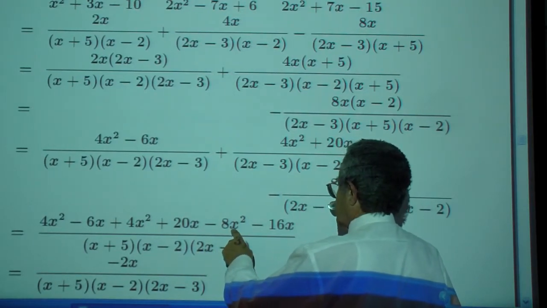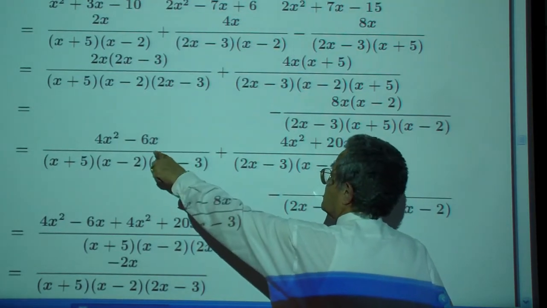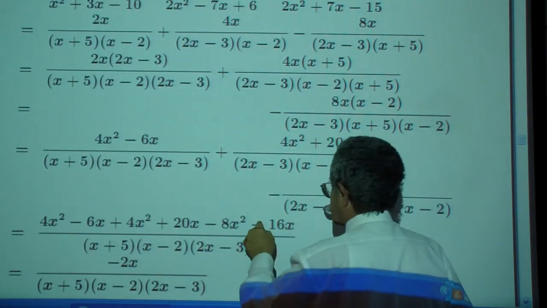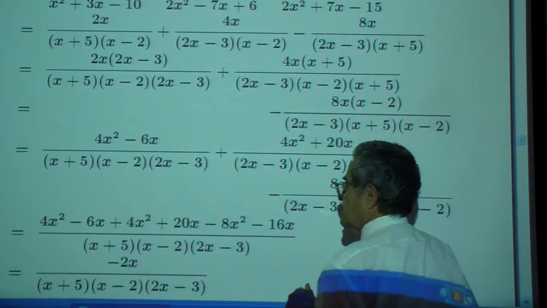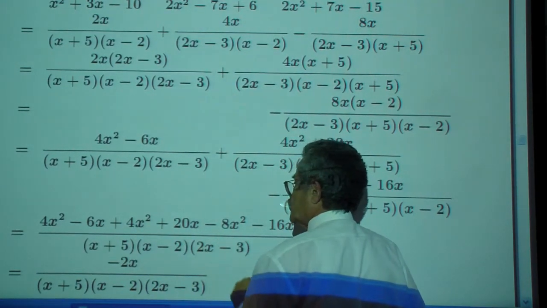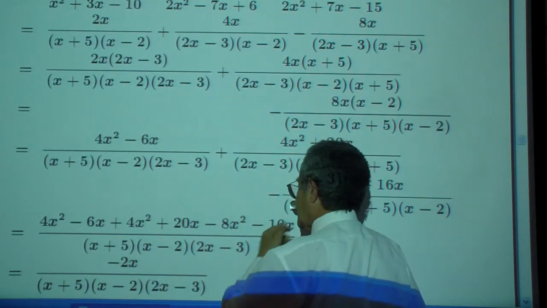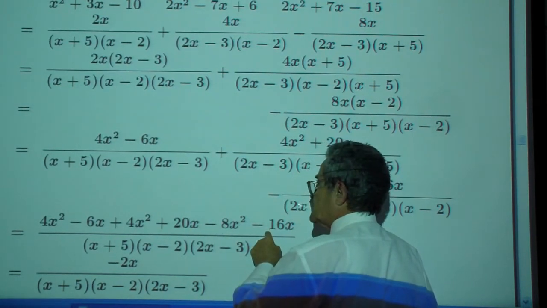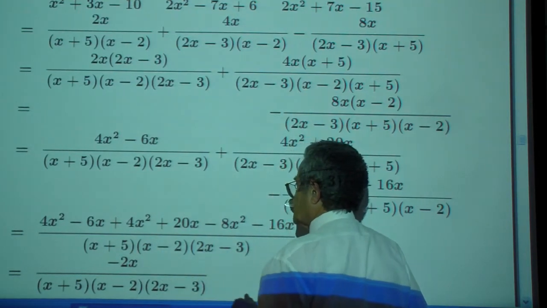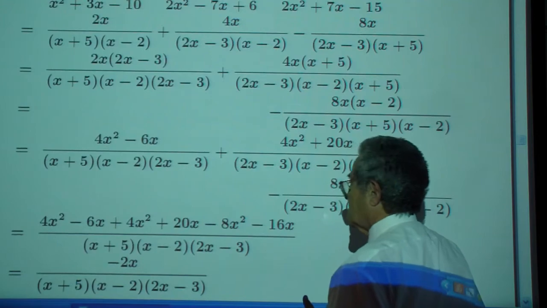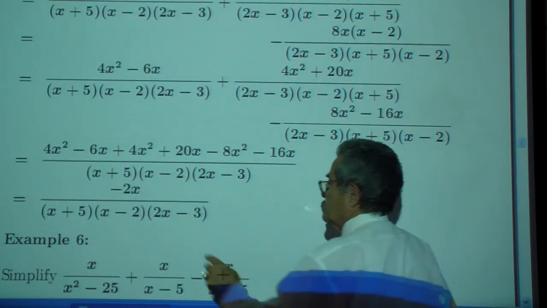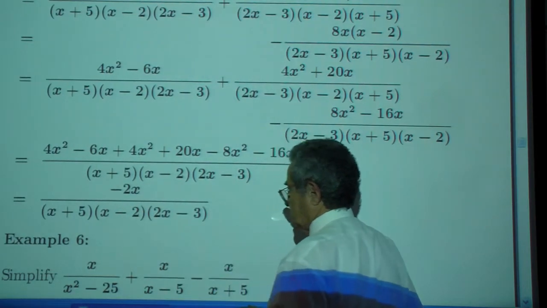If this is right: 4x squared minus 6x, 4x squared plus 20x, minus 8x plus 16x. So the x squares drop out. 4 plus 4, 8, minus 8x squared. The x's, 20 plus 16, 36. That should be 30x, not 2x, 30x. Well. So there's a misprint here. This is not correct.